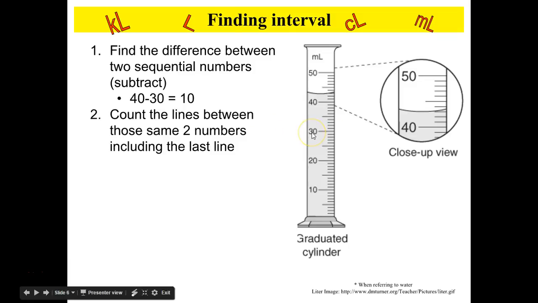Then count the lines between those same two numbers. So if I look here again, I have 1, 2, 3, 4, 5, 6, 7, 8, 9, and the 40 would make 10. So I have 10 lines between those two numbers. 10 lines between 40 and 30, 10 lines between 40 and 50.